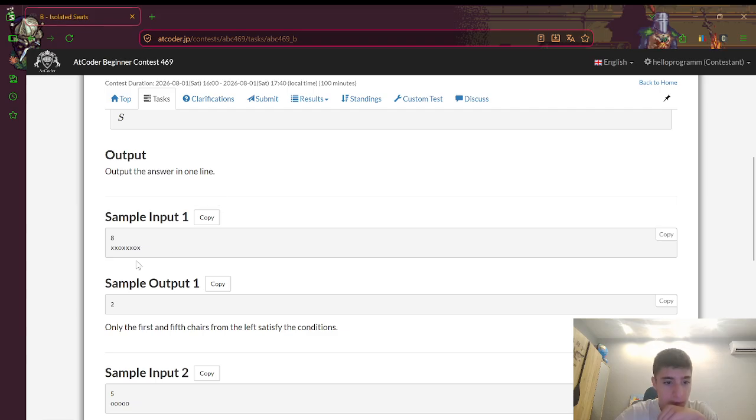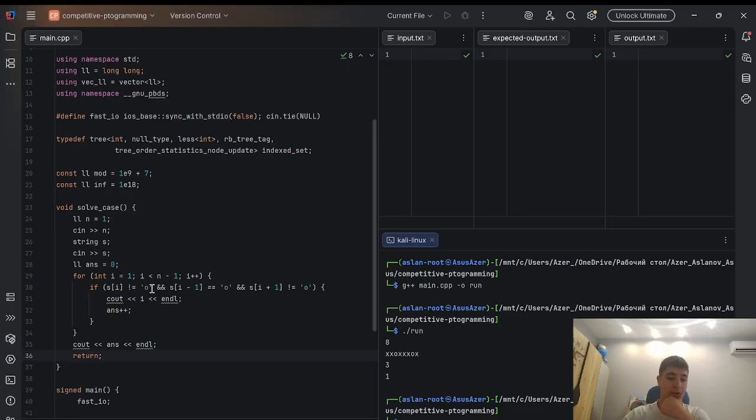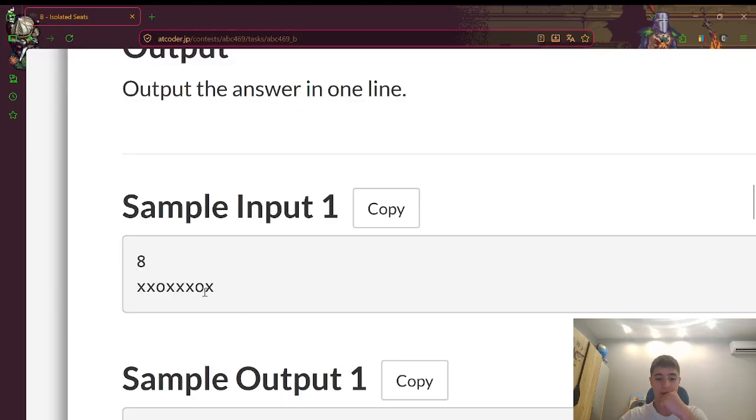Like third index is this. So I start from there. Okay, yeah, I think that's pretty bad to start from there because I don't check this. That's going to be risky. Okay, window 0 and n minus 1. So I couldn't access this element. I access only this, and I check this and this.